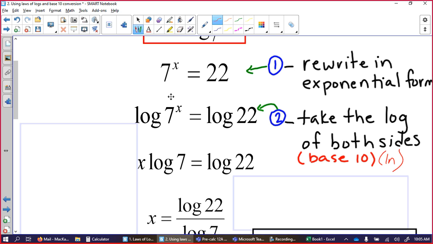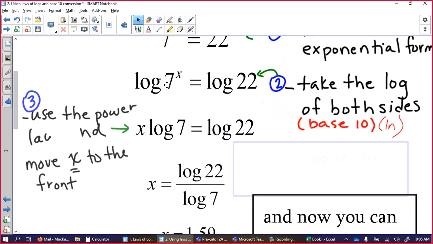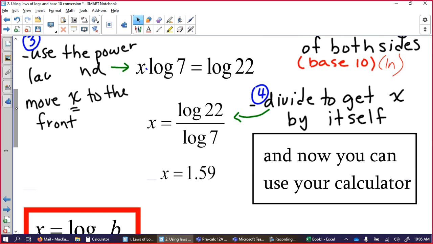If I have log of 7 to the power of x, I can move the x down, using the power rule. This is a product, so I can divide to get x. So log base 7 of 22 is log 22 divided by log 7 with base 10.